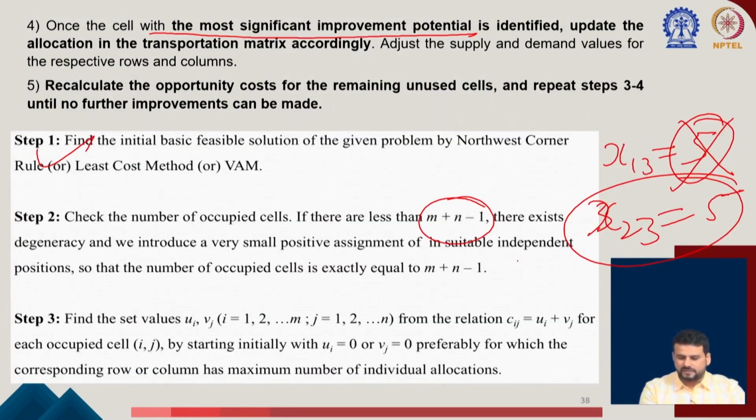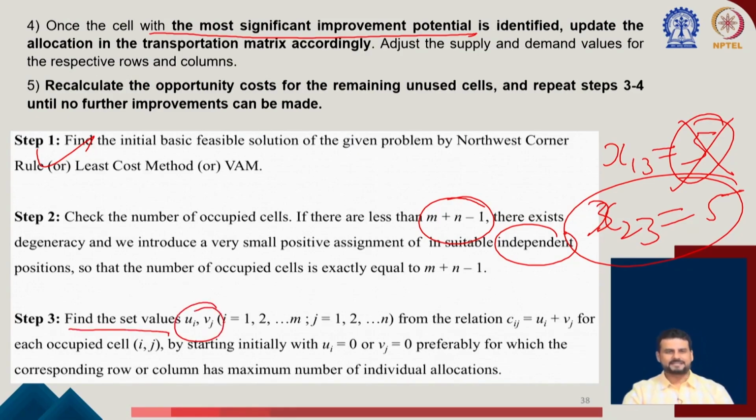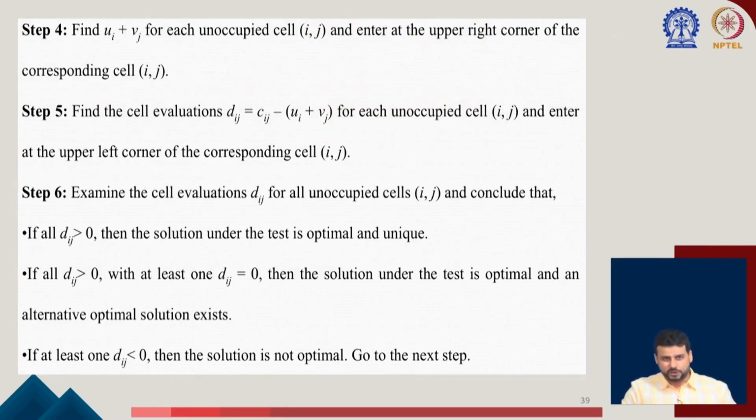And if these are independent, we can go for optimizing the solution by implementing the MODI method. And how will we do that? Again we will find the set of values ui and vj. If we discuss these steps again, it will be a little difficult to understand, but I will try to communicate that we will find the opportunity cost, and if the opportunity cost lowers the total allocation cost, we will go for that solution, that will be the optimal solution, right?